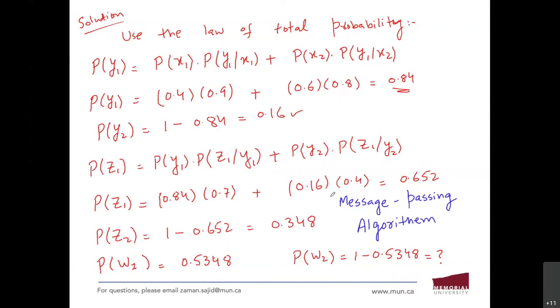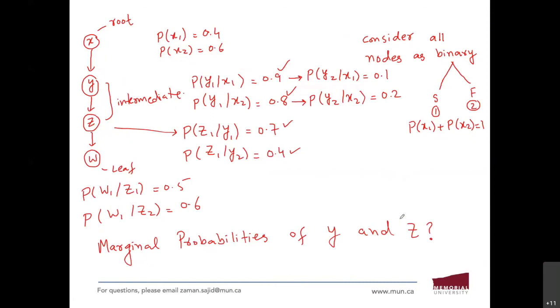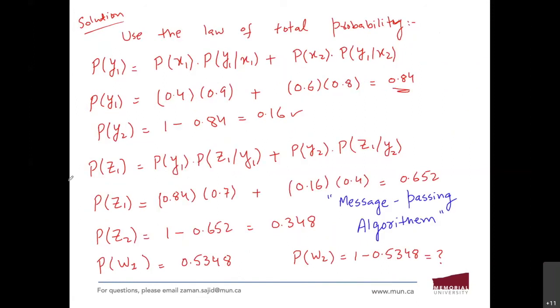It is named that because every parent has a message for their child. As you can see, only when we have this information were we able to find out this information, and once we have this, we can find out the next. That is why it is called the message passing algorithm.